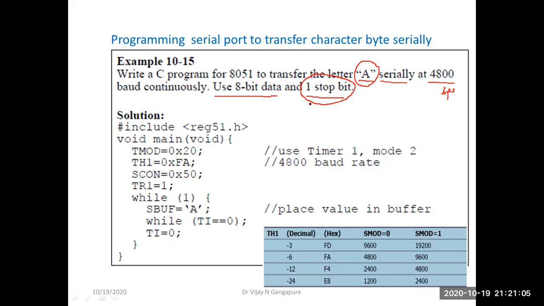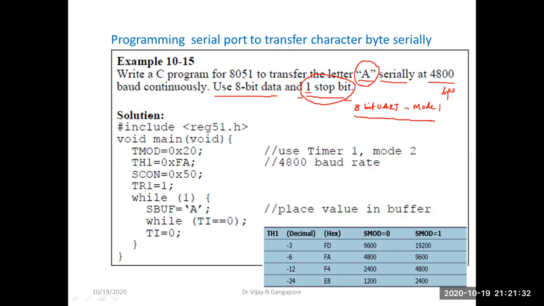It will always be one, so it is not required to specify the number of stop bits. By default, stop bits will be 1. Use 8-bit data means I am going to use 8-bit UART mode, that is mode 1 of the serial port of 8051.